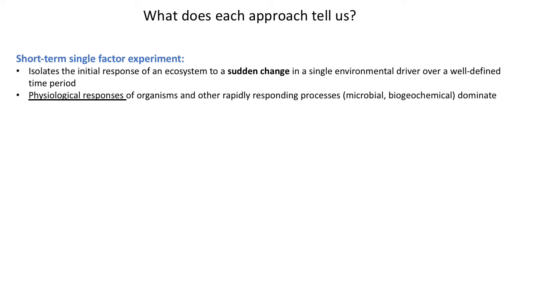We can think about short-term single-factor experiments, something where you might alter temperature, for example, for 2 or 3 years in a row. This really tells us something about how the ecosystem is going to respond to a very sudden change in a particular driver over a well-defined period of time, the length of the experiment. And primarily, we're going to learn about physiological responses of the organisms and other rapidly changing processes during this experimental time frame: microbial responses, biogeochemical responses.